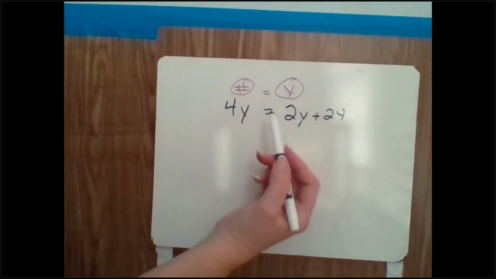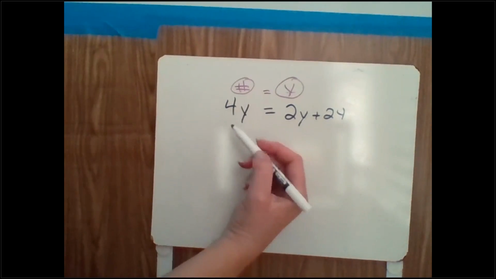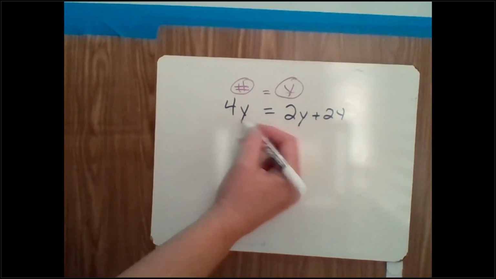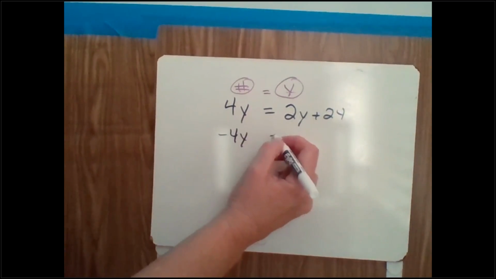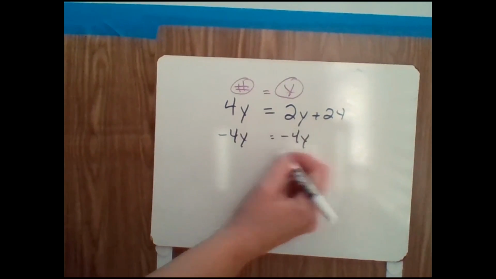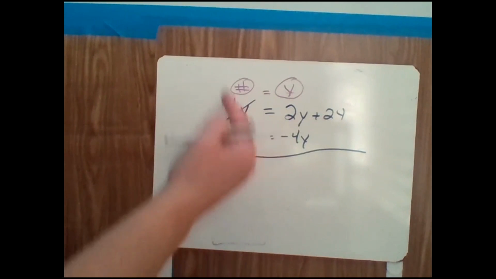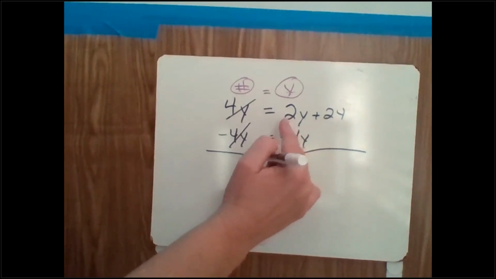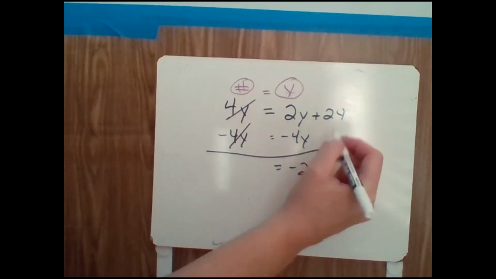So what I'll see is I'll get students do this. They'll say, okay, I've got two y terms. I need to put those together. So let me combine those two y terms, 4y minus 4y. That just cancels out. 2y minus 4y is going to be negative 2y.